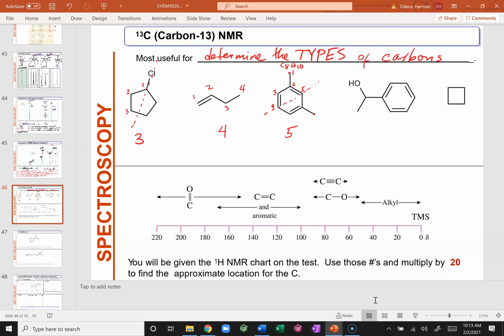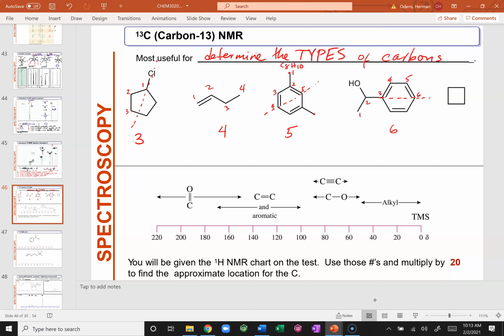All right. How about the next molecule? Do we have a plane of symmetry? Yes, right here. So how many carbons that are different here? 1, 2, 3, 4, 5, and 6. So that's 6. And finally, for the next one, how many carbons do you read that are different?